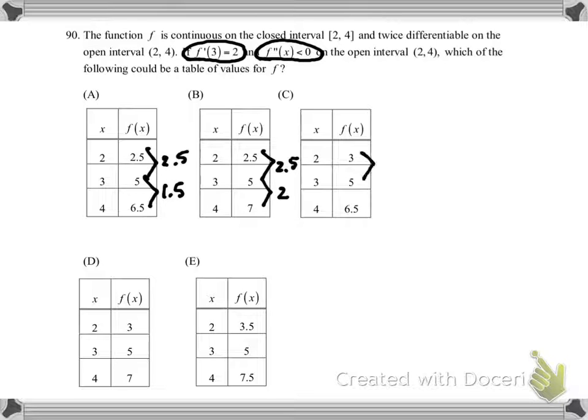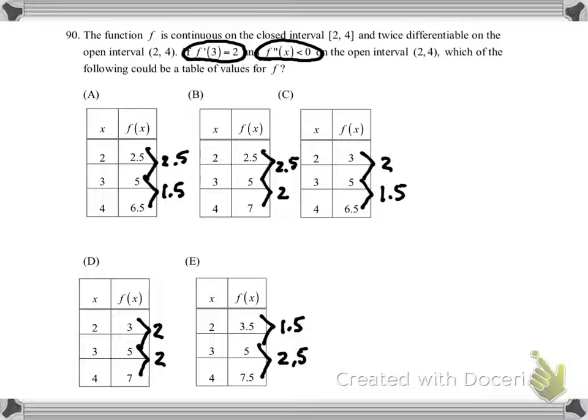Here the slope is 2, and from 3 to 4, the slope is 1.5. For D, the slope from 2 to 3 is 2, and the slope from 3 to 4 is 2. For E, the slope is 1.5 from 2 to 3, and from 3 to 4, the slope is 2.5.